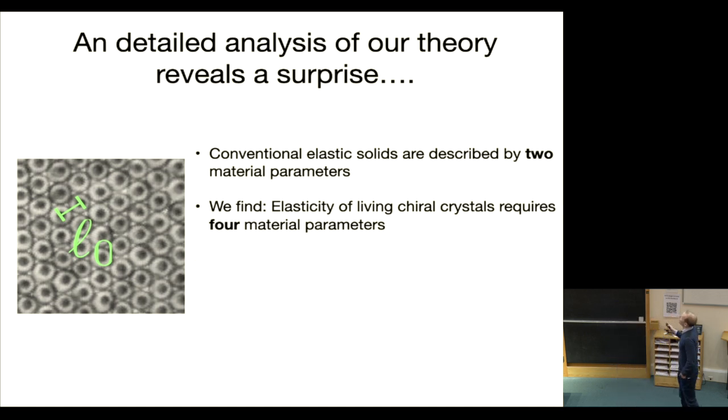Back in the continuum mechanics courses that we take, we are usually told that for such an isotropic solid, all you need is two material parameters to describe all its properties, okay? And Adrian has mentioned this, and that is usually true. But what we found is that our crystal somehow requires 4 parameters to describe in full all its elastic properties.